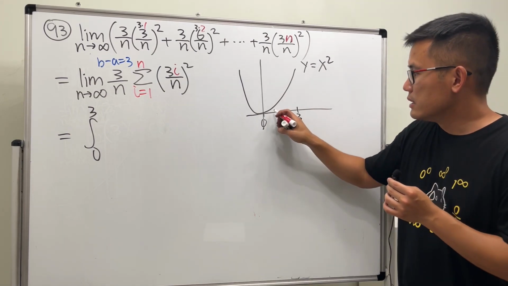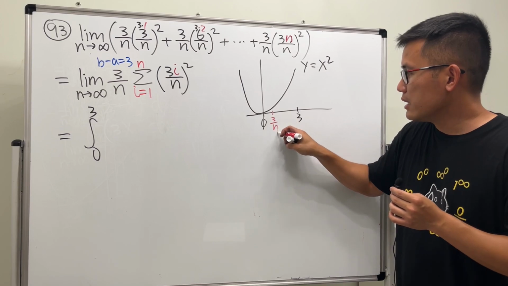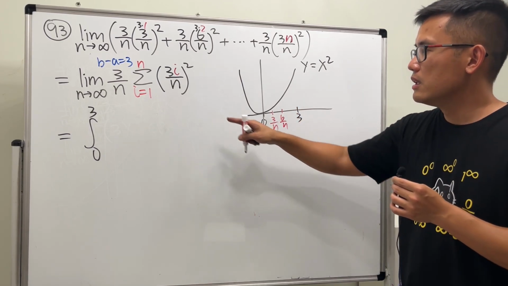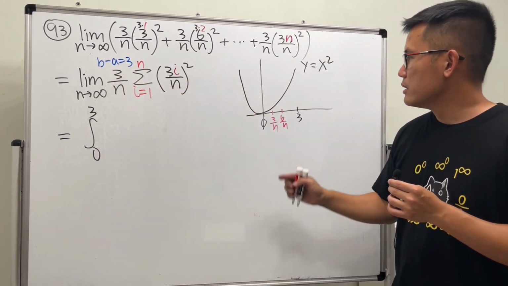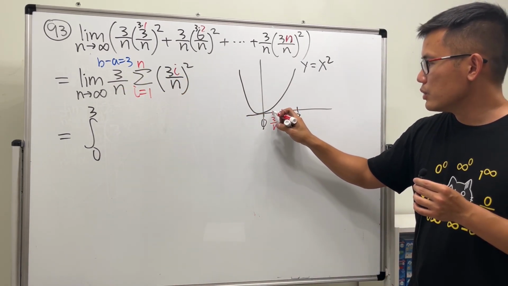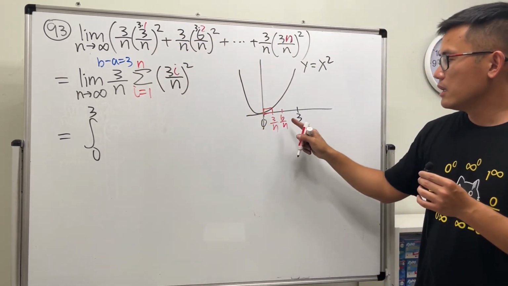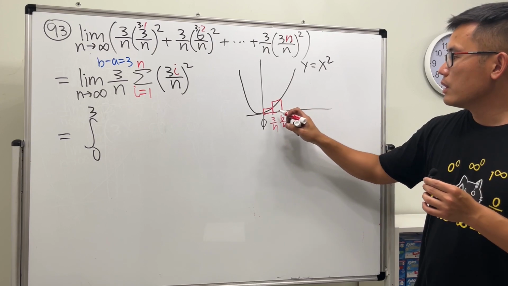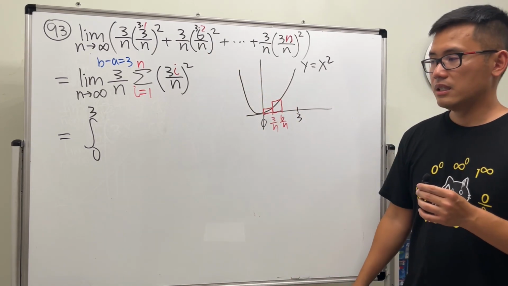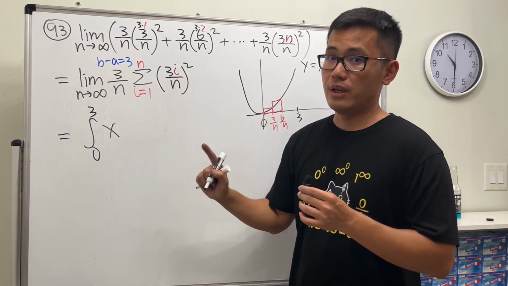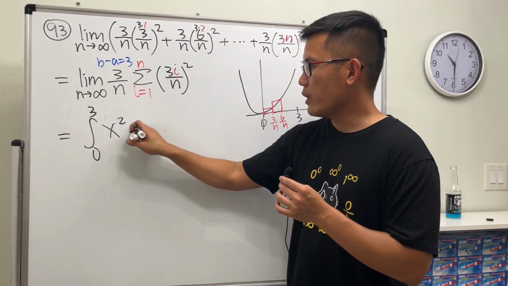So each width is 3 over n. The next one is 6 over n. So you see, that's why I said 3 and 3 match. So you put this to be the x value, we get that for the height. You put this to be the x value, in here, you get the height. So the function is actually just x squared. It's not 3x squared. Be really careful with that. So it's x squared dx.